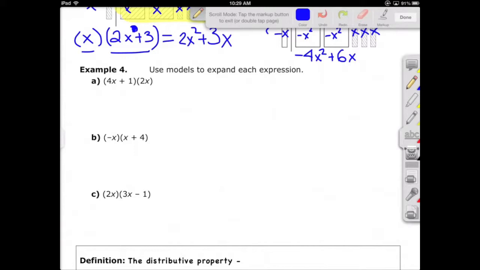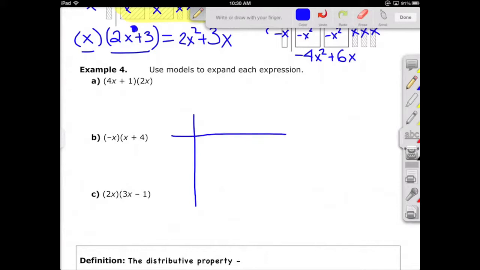Okay, so in example 4, it's saying use models to expand each expression. I'm going to do B. I'll do the one in the middle just for the sake of space. Go like that.